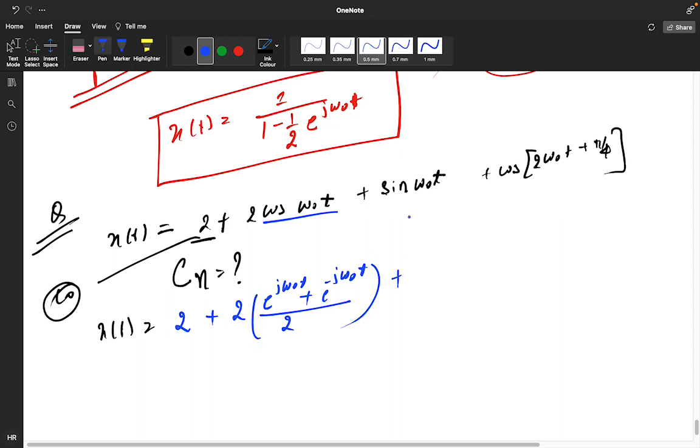And sin omega naught t is e power j omega naught t minus e power minus j omega naught t, divided by 2j, correct? What about this last term? How can we write it in this form?